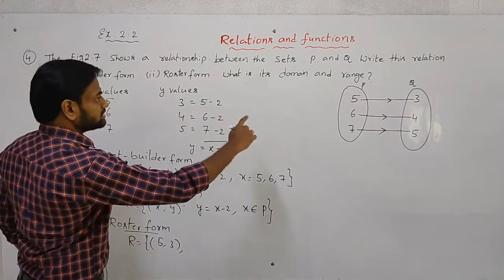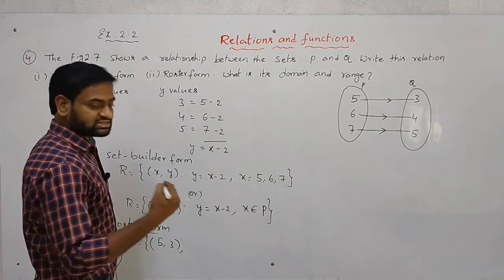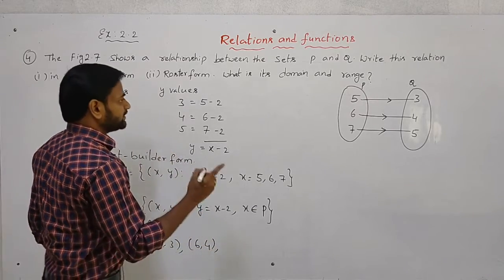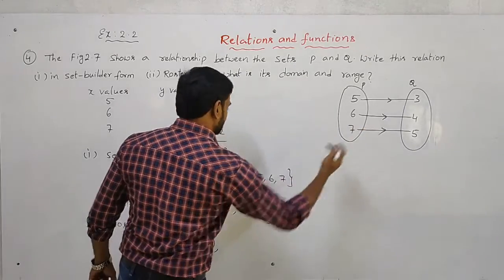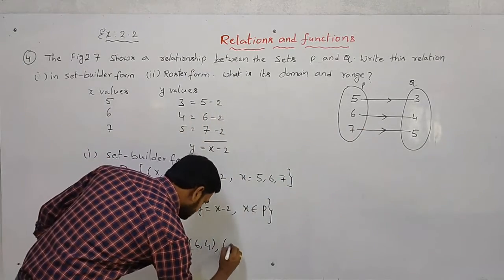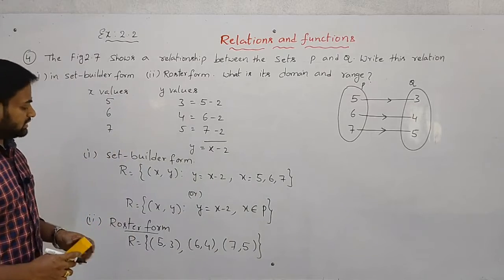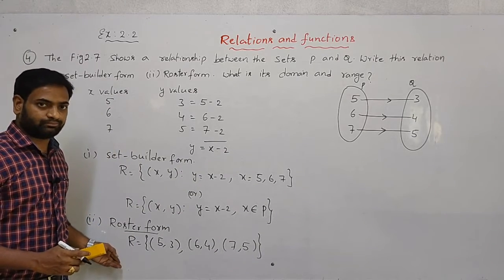Next 6 to 4, that is (6, 4). And finally 7 to 5, that means (7, 5). That is the roster form.